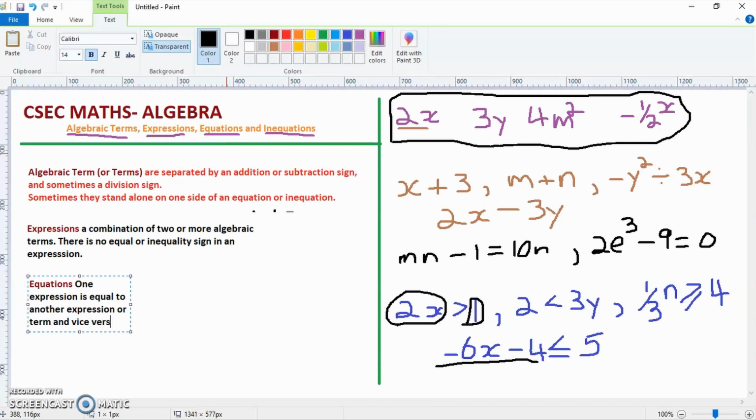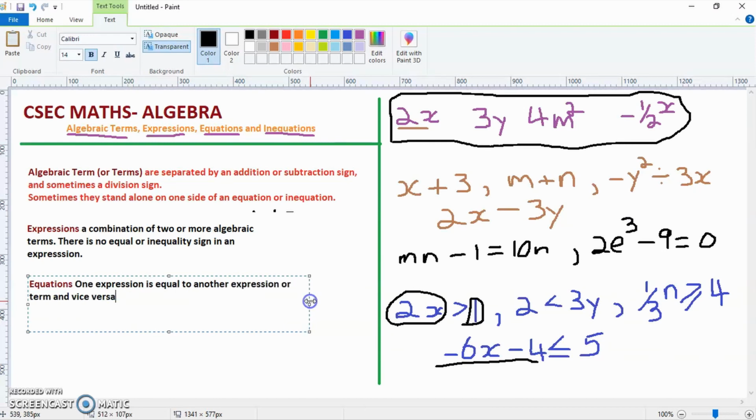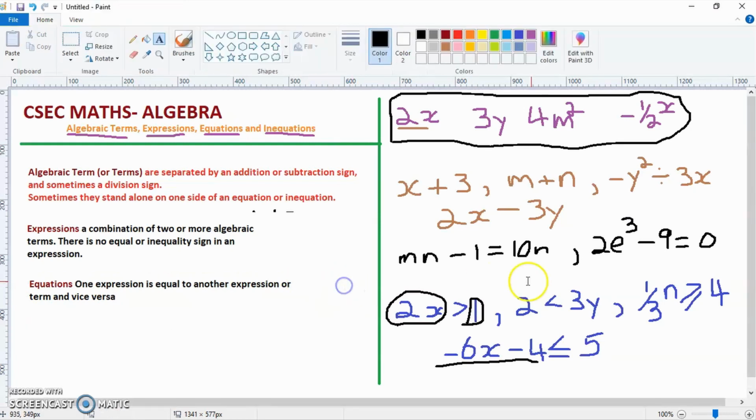So for an equation, you have one expression equal to another expression or a term, or you could have one term equal to another expression. You must have an expression on one side of the equation. Well, you don't must, because for example, let me show you.